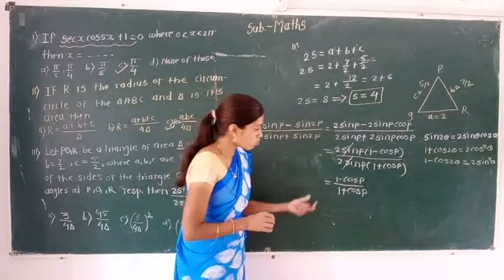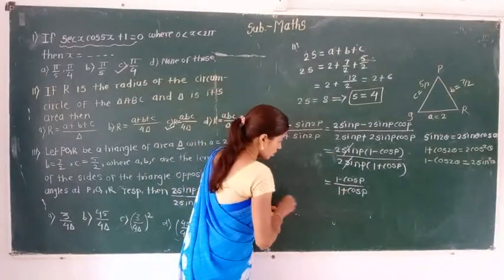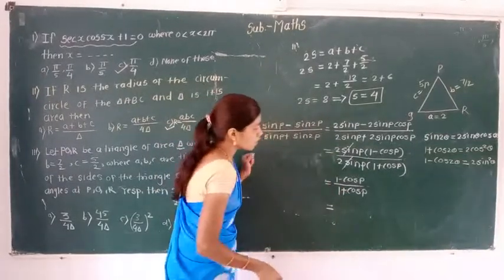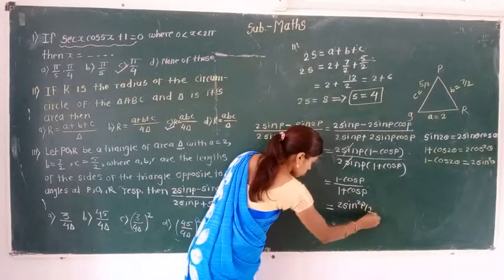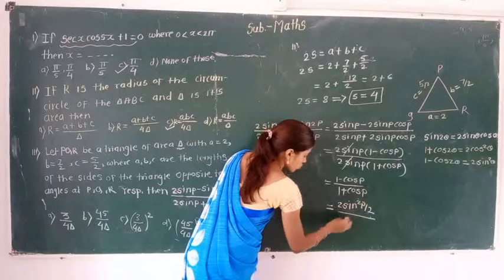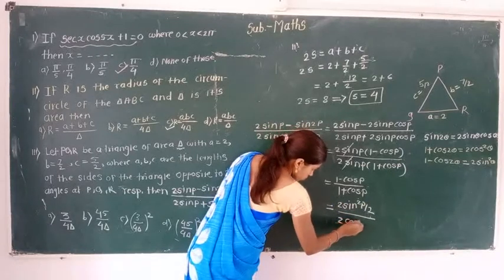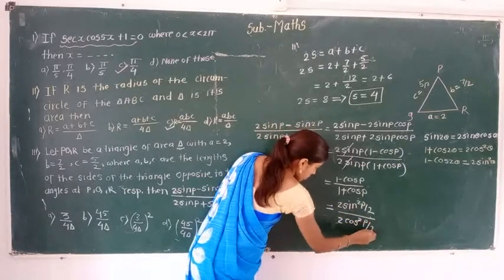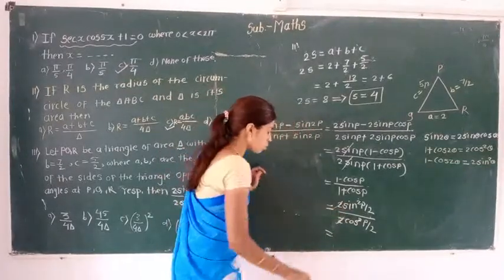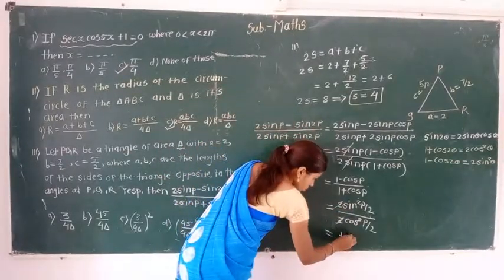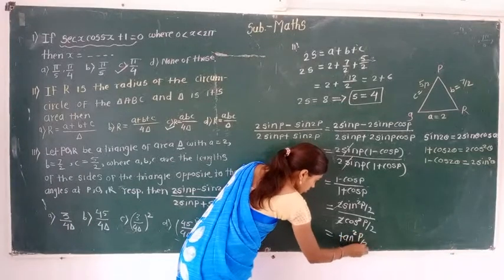Now use both formulas. In that case we can write here 1 minus cos p is 2 sin square p by 2, divided by 1 plus cos p is 2 cos square p by 2. These two get cancelled. The ratio of sin upon cos we know is tan square p by 2.